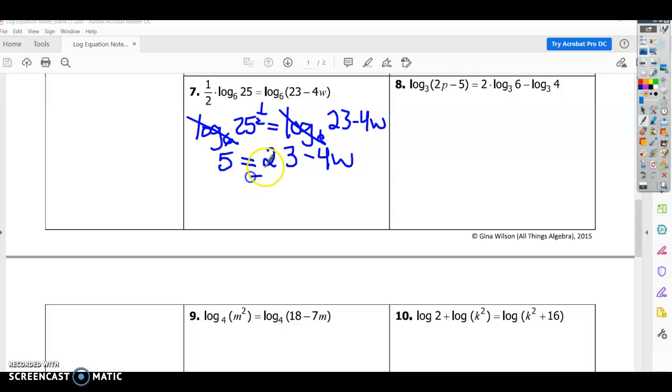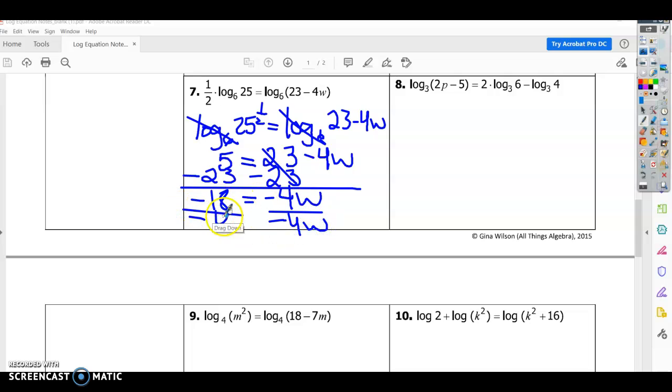All right, now subtract 23 from both sides. Trying to get the variable by itself anytime you're solving an equation. So negative 23 plus 5 is going to be negative 18. And that's going to equal negative 4w.